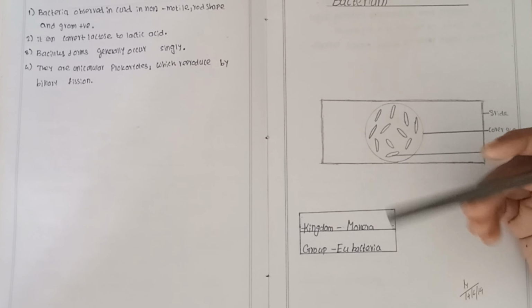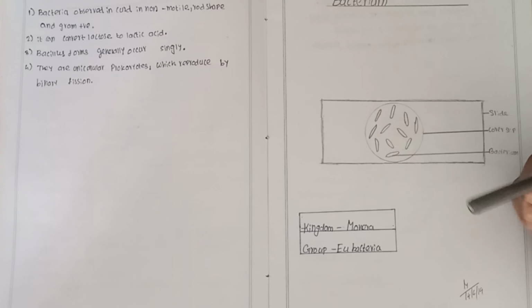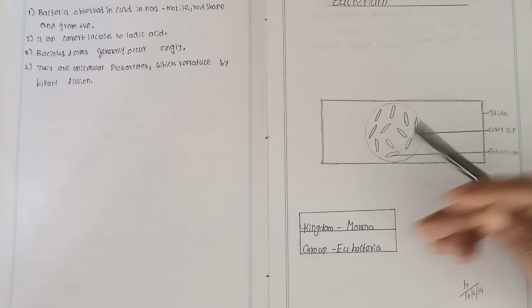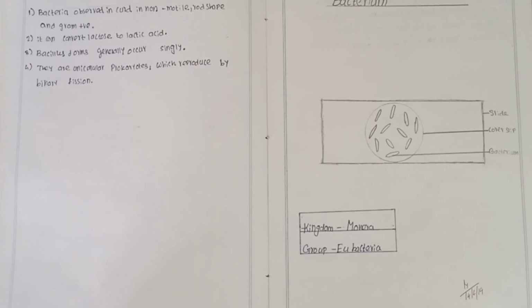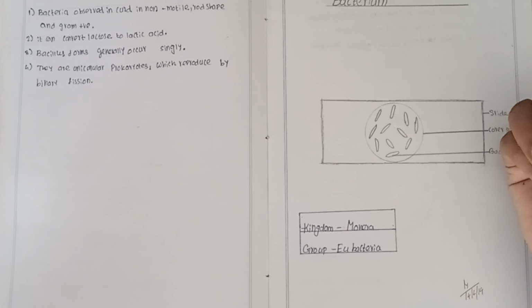Here the circular chromosome freely floats in the cytoplasm. In several species of bacteria, apart from the chromosome, additional DNA called plasmid is seen. Plasmid is an additional ring of DNA.